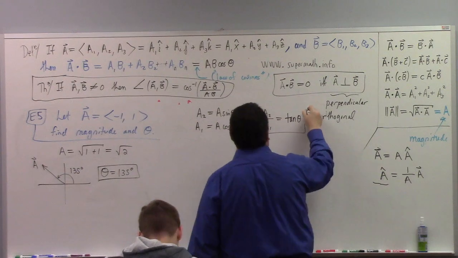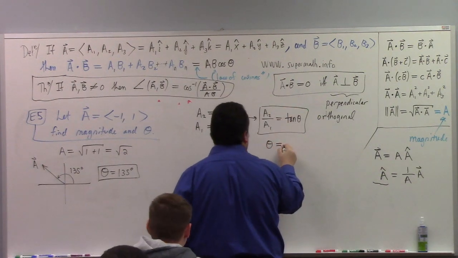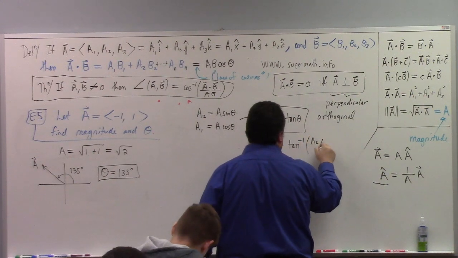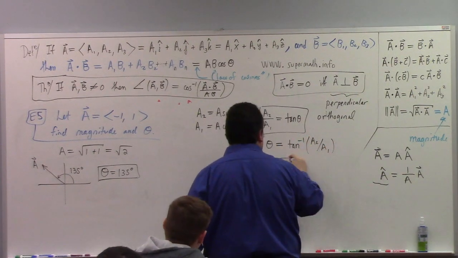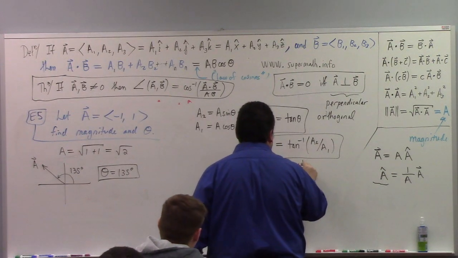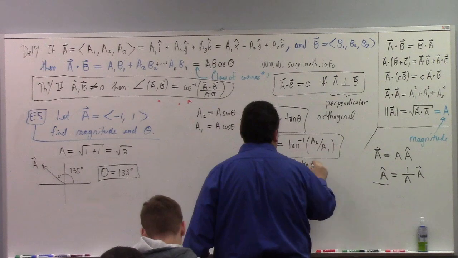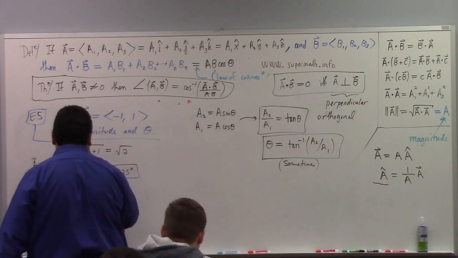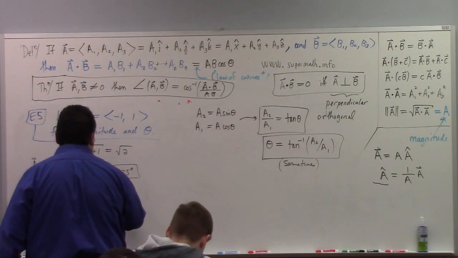And this is the source of much suffering, if you're not careful. So it would appear that theta is the inverse tangent of A2 over A1, right? And this is true sometimes.